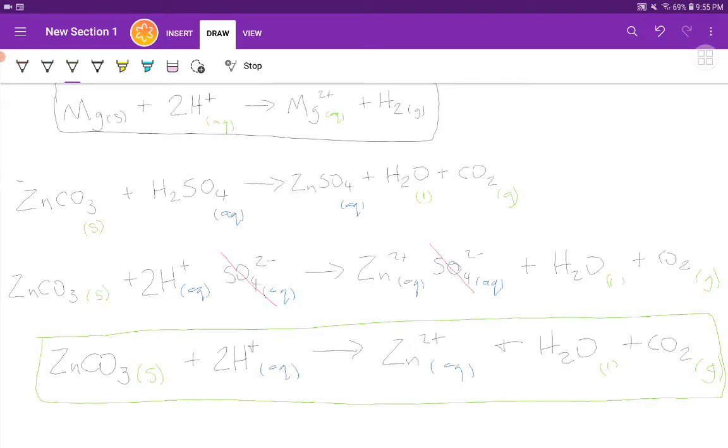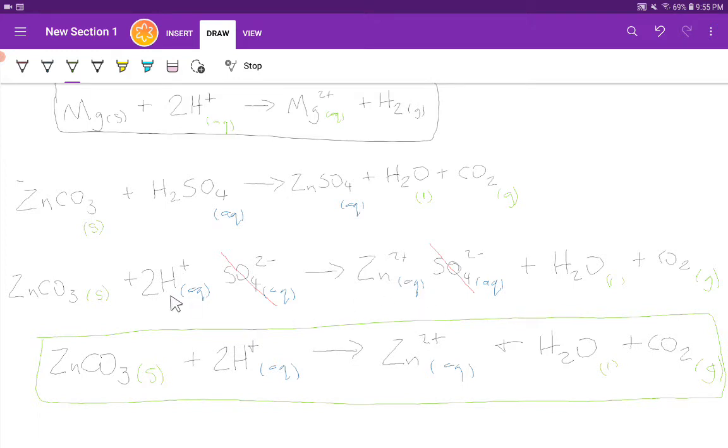This is what we want, and we arrived at that by simply following the steps. We write our balanced molecular equation and ensure we have our state symbols. We split up the aqueous compounds into their respective ions, and then we remove the spectator ions.